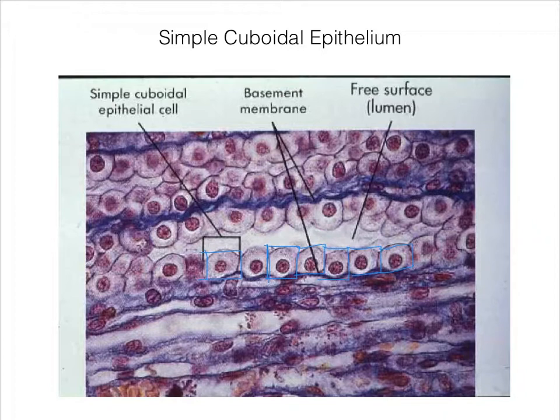So if I outline the cells here, you can see that pretty much each cell is right up against another cell with no extracellular matrix, no fibrous tissue, nothing like that in between them. So that's a key identifying factor of epithelial tissue, is cells tightly packed with other cells.